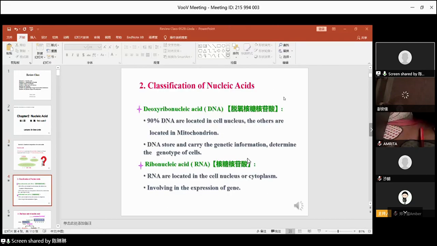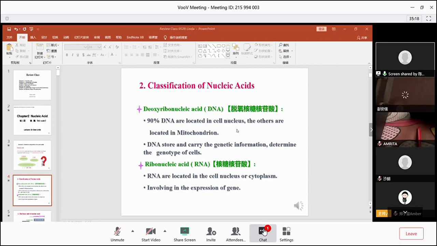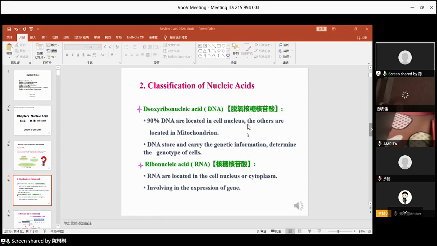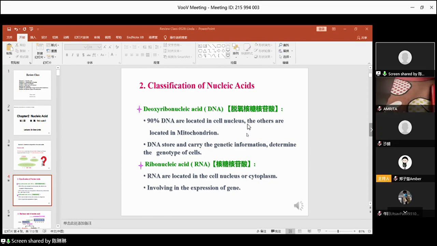And secondly, you should remember the classification of nucleic acids. In this part, you should know that nucleic acids contain DNA and RNA, and 90% of DNA is located in the cell nucleus, and 10% is located in mitochondria. And also, you should know the function of DNA.